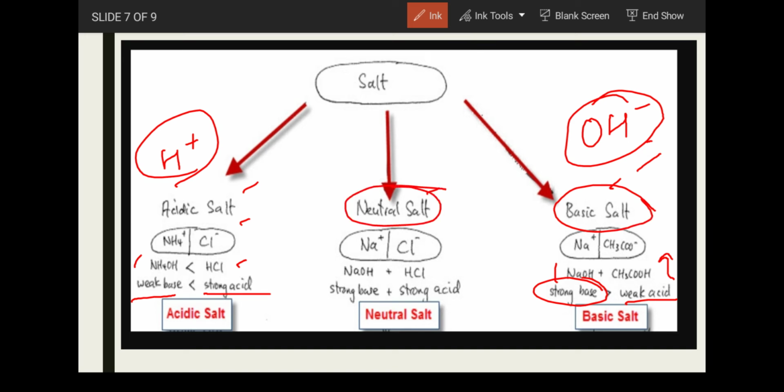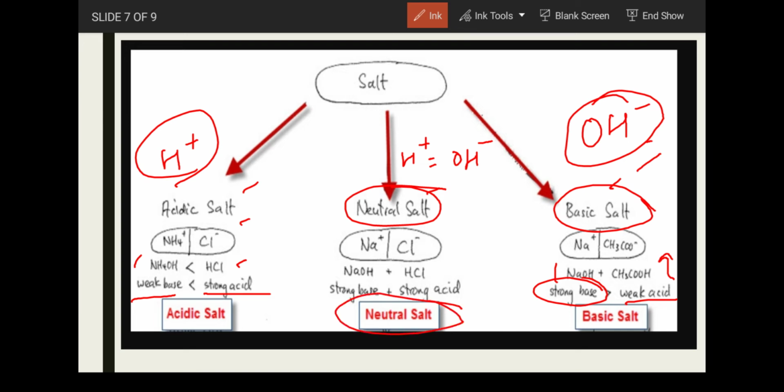Neutral salts are produced in two cases: when both the acid and base are strong, or when both the acid and base are weak. Because in both cases the production of H ions is equal to OH ions, as I told you earlier, the salt formed will be neutral in nature.